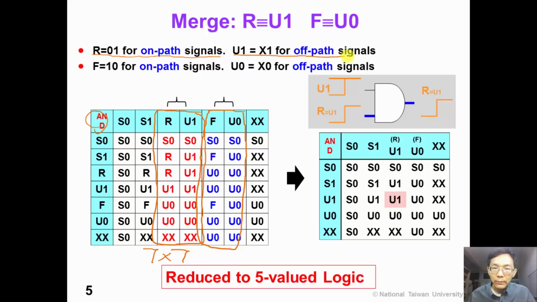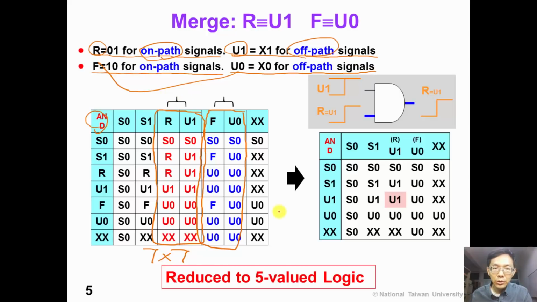U1 represents X1 for an off-path signal. Since a signal can be either on-path or off-path, a signal cannot be both on-path and off-path. So we cannot confuse R and U1. Similarly, F represents 10 for an on-path signal, U0 represents X0 for an off-path signal. We can also merge F with U0.